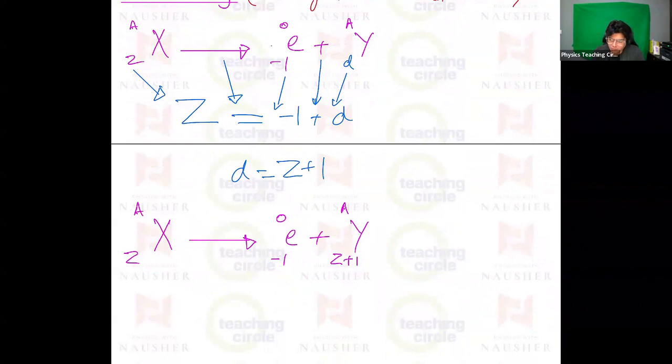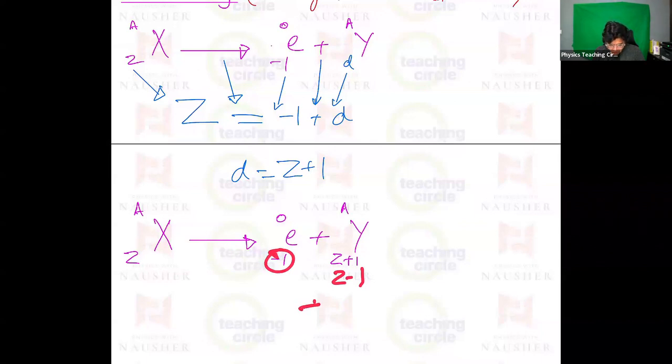बहुत से लोग यहाँ पे, a lot of people make a mistake over here. You know what they do? They see this Z, they see this -1, they write Z -1 over here. गलत. Absolutely wrong. Because if you write Z -1 over here, and this is also -1, गौर से देखना.